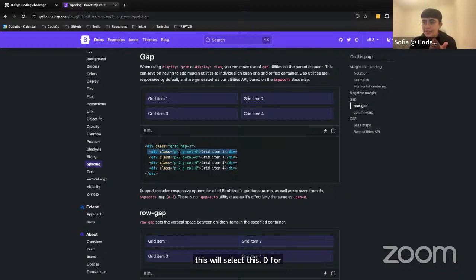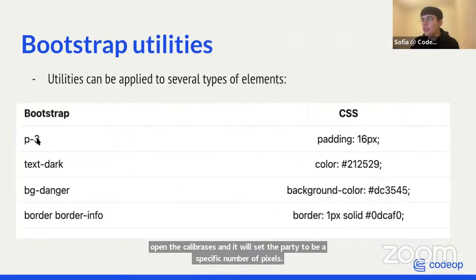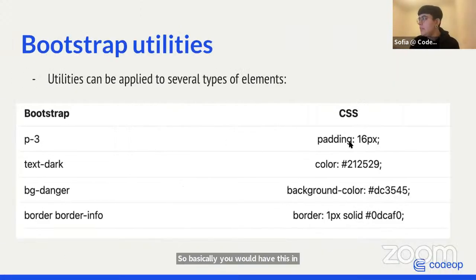Behind the scenes, this will select this div for you. It would create the selector, open the curly braces, and set the padding to be a specific number of pixels. So basically, you would have this in Bootstrap and this in CSS. This is what would be added in the CSS. Or you could have text-dark, which is to change the color of your text. Behind the scenes, you're going to change the color property, because we saw yesterday that color changes the color of the text.